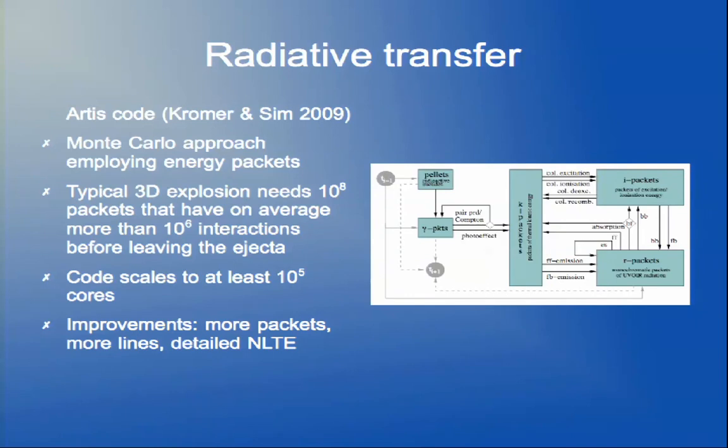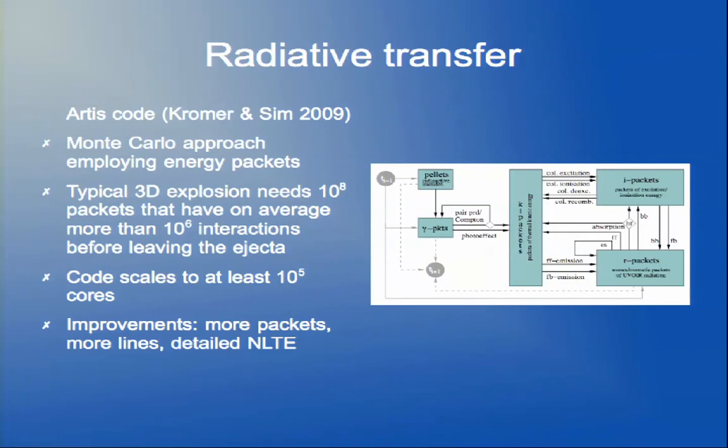The code, fortunately, scales to at least 10^5 cores. The "at least" is there because that's the biggest machine we've run it on so far, but it will probably scale without too many problems to 10^6 or maybe even more. The main reason is that the approach we take is to save the whole grid, the density and the composition, on every task.